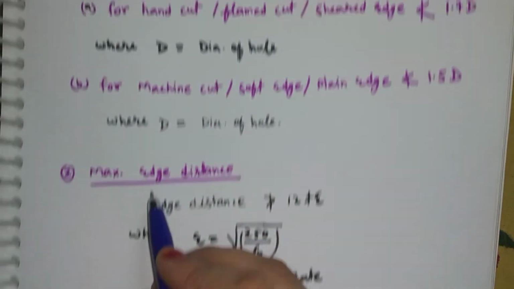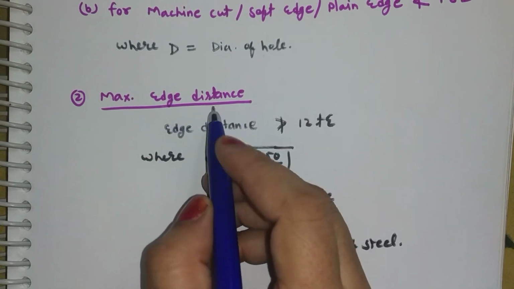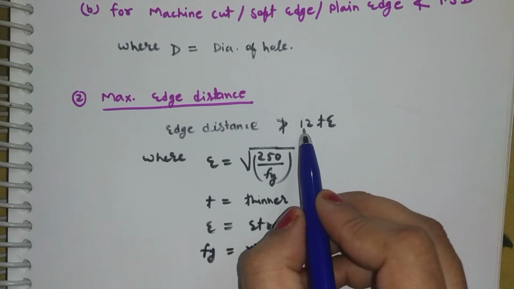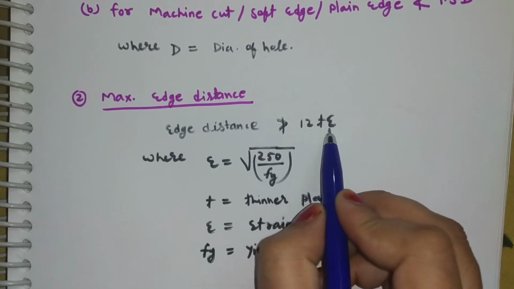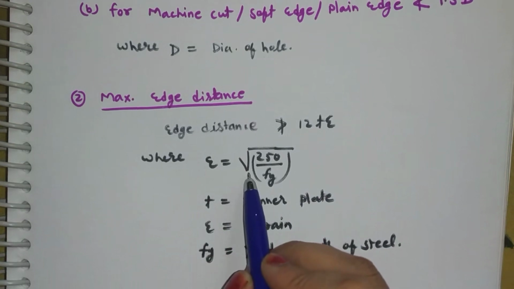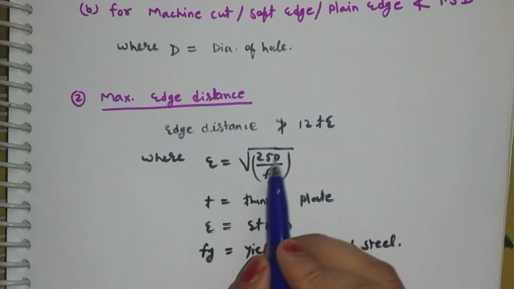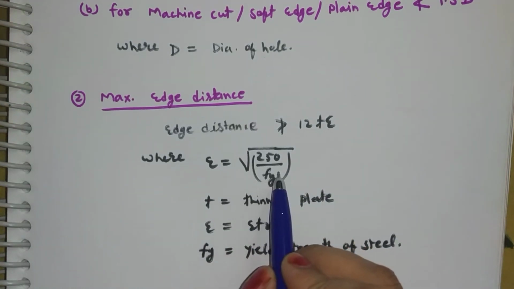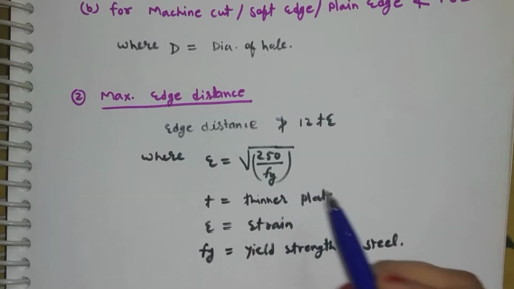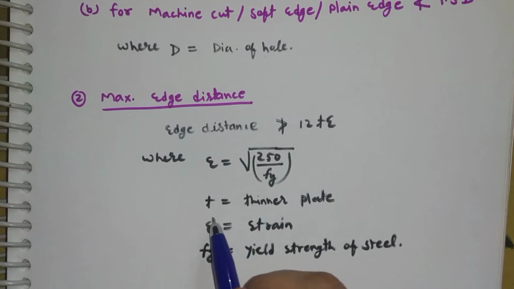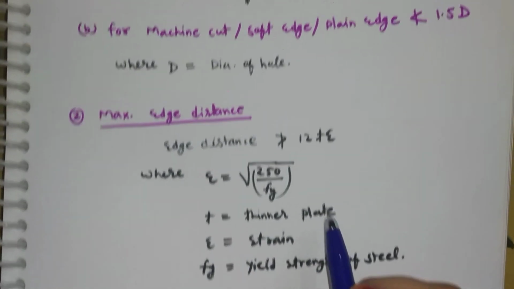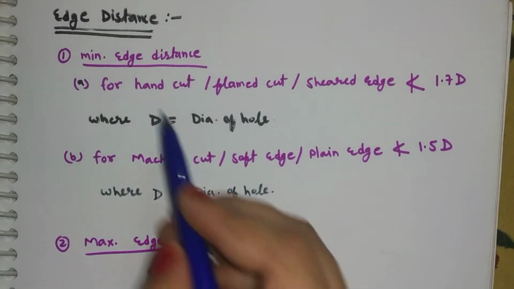Similarly, the maximum edge distance is not more than 12 t epsilon, where epsilon is a strain, and we calculate it as under root 250 upon Fy. Fy is nothing but the yield strength of the steel, and t is the thinner plate. And similarly the end distance is also the same.